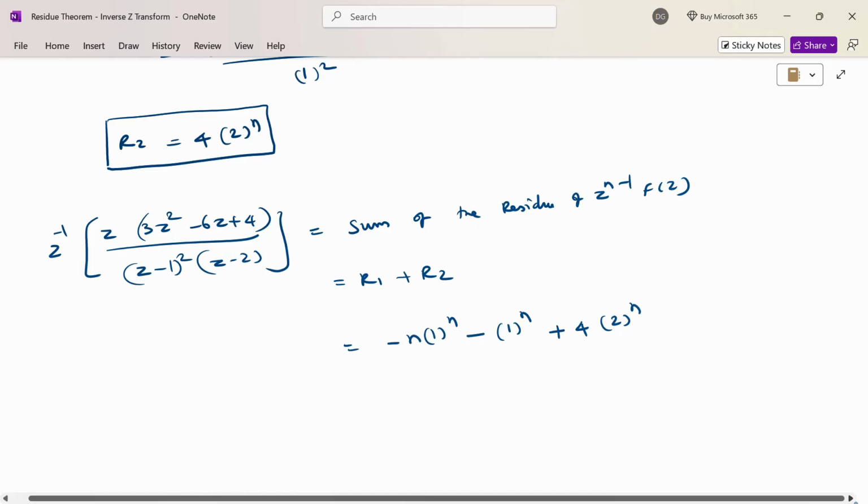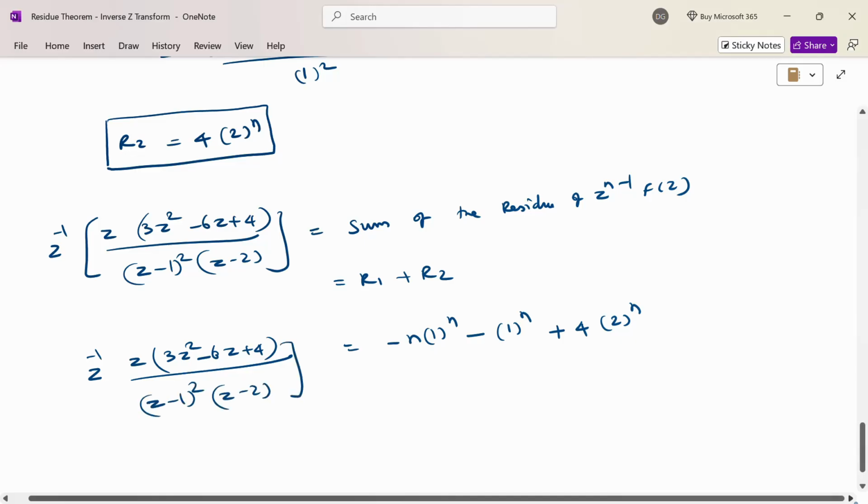So now this is our final answer: z inverse of z into 3z square minus 6z plus 4, whole divided by z minus 1 square, z minus 2, is minus n into 1 power n minus 1 power n, and then plus 4 into 2 power n. So this is what we mention as f of n also.